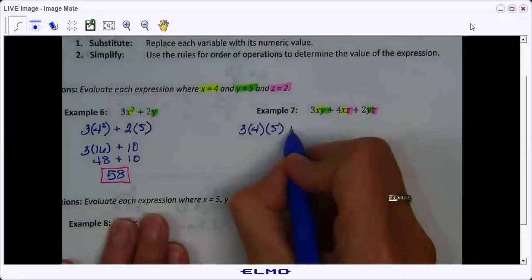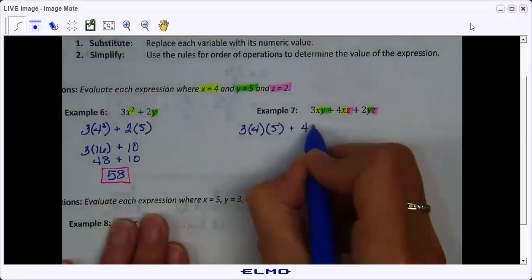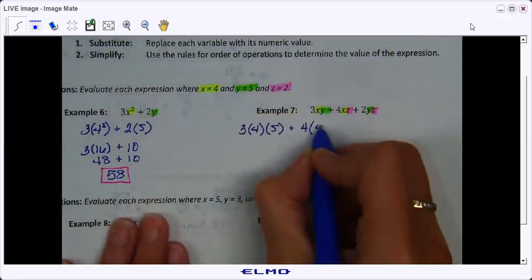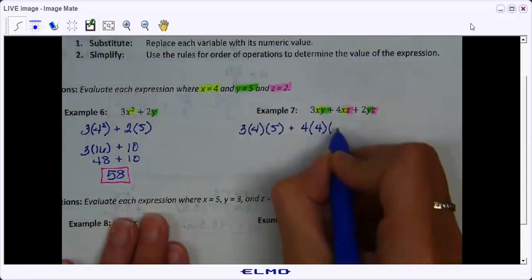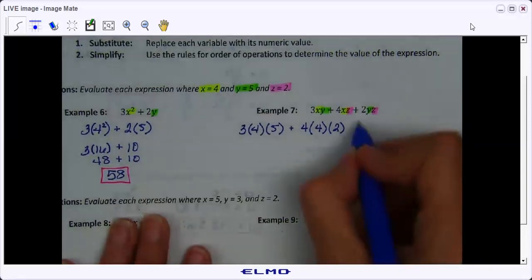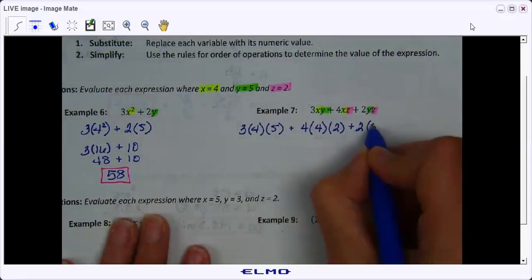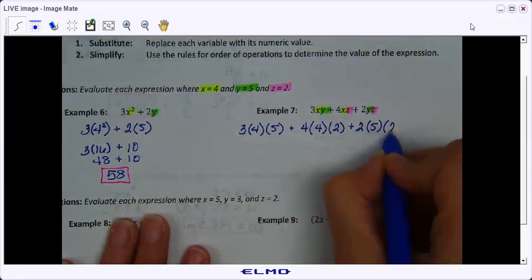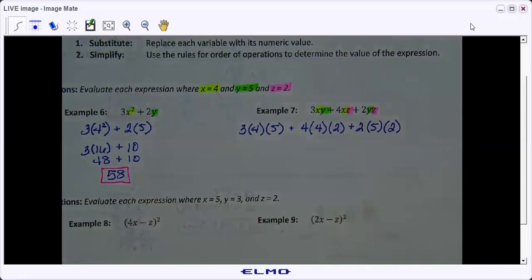Then we're going to add that to 4 times x, which is 4, and z, which is 2. Then we're going to add that to 2 times y, which is 5, and z, which is 2. So now that we have it all written out, make sure you have it written out correctly. Then I'm going to have you solve this with your partner.